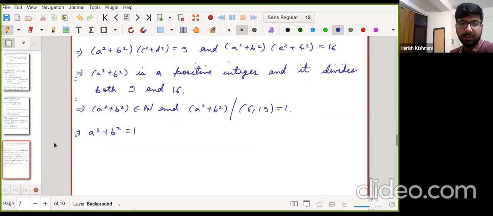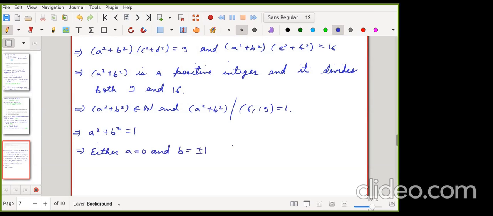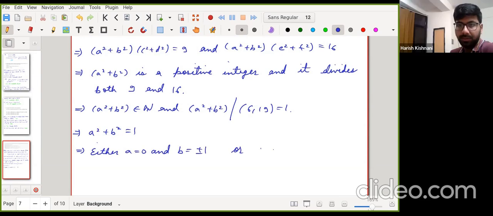And this implies either a is equal to 0 and b is equal to plus minus 1, or a is equal to plus minus 1 and b is equal to 0.